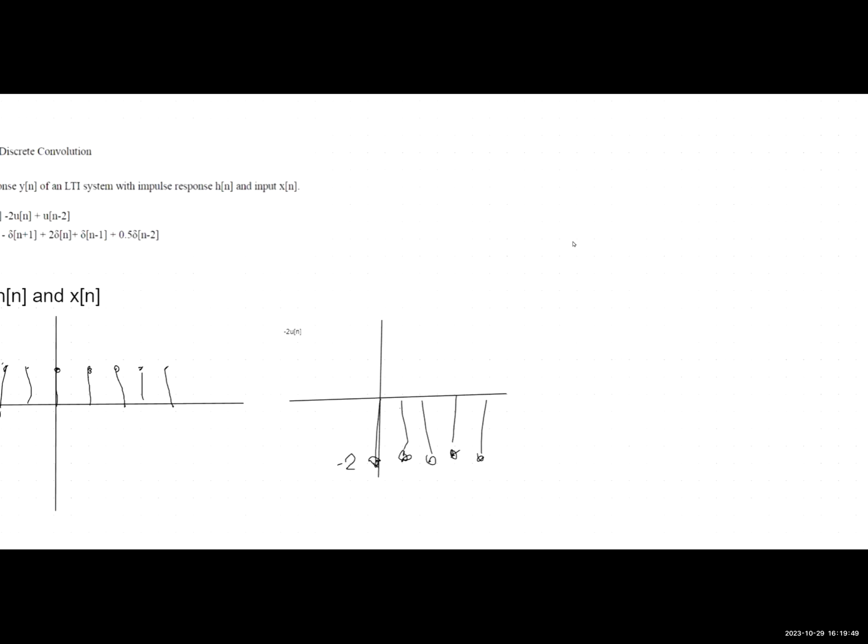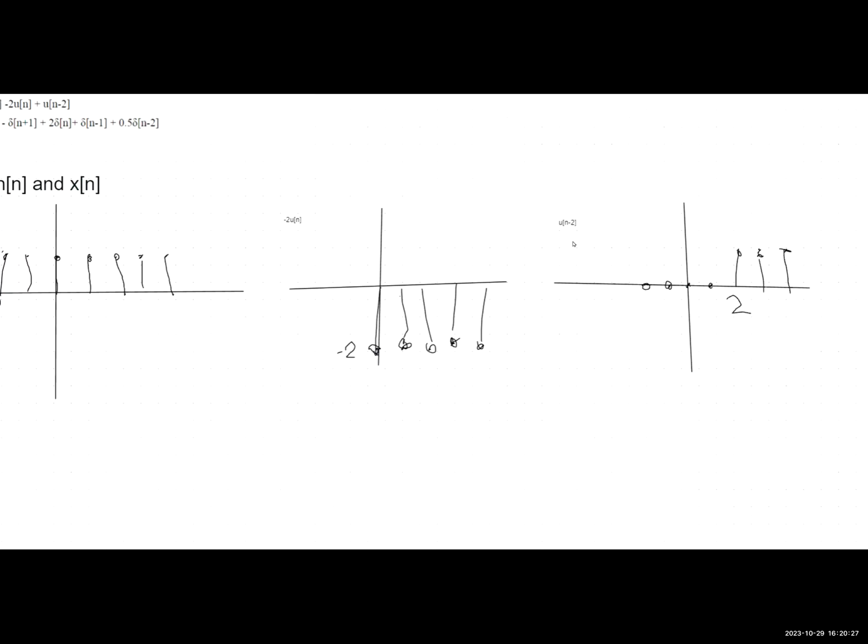Similar to the other one, it is a step function, but shifted to the right by 2 units, because of the whole right-is-negative thing. If I were to draw it out, it looks a little bit something like this.